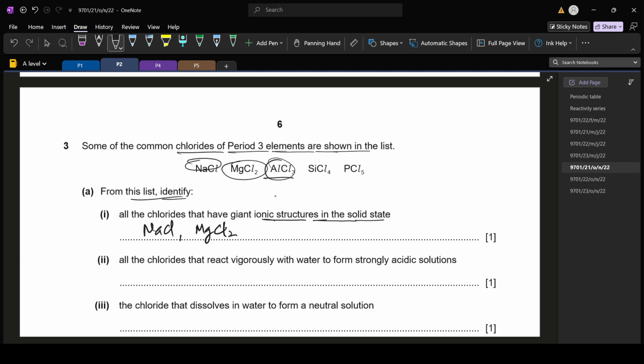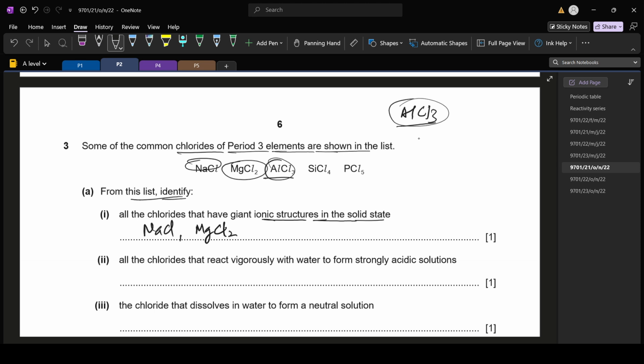Is this a giant ionic structure or an ionic covalent structure? AlCl3 has both ionic and covalent characteristics, but the covalent characteristics are more favorable, so we don't consider it a giant ionic structure.